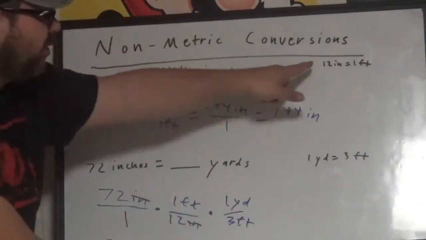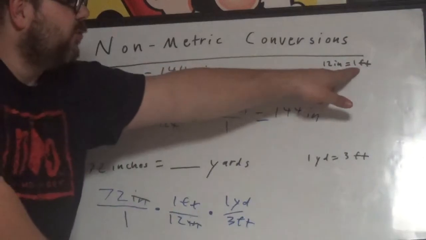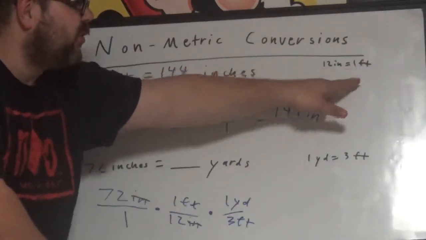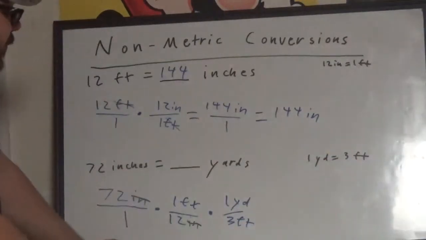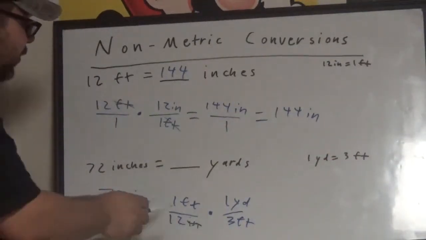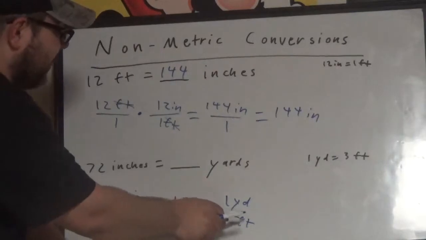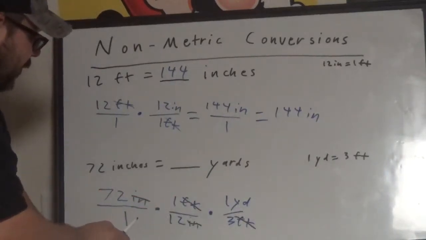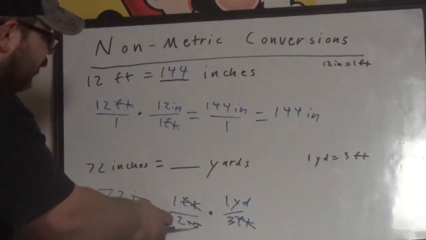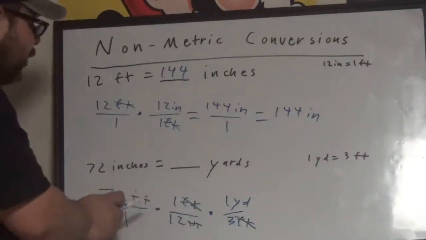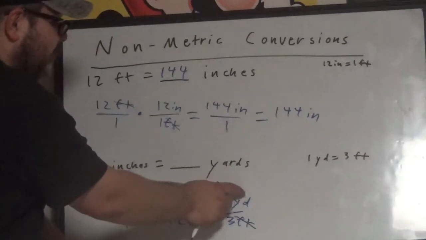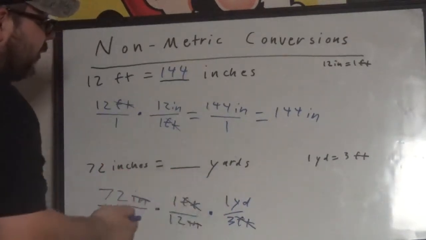We first use the 12 inches equals 1 foot conversion, and then the 1 yard equals 3 feet conversion. This time feet goes on bottom because we have feet on top. We always want the same unit on top and bottom, and that should leave us with the unit we're looking for being the only unit left.